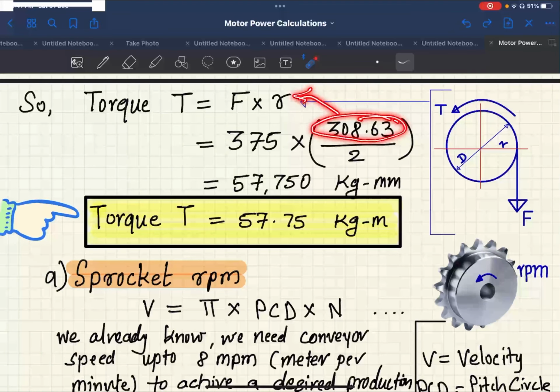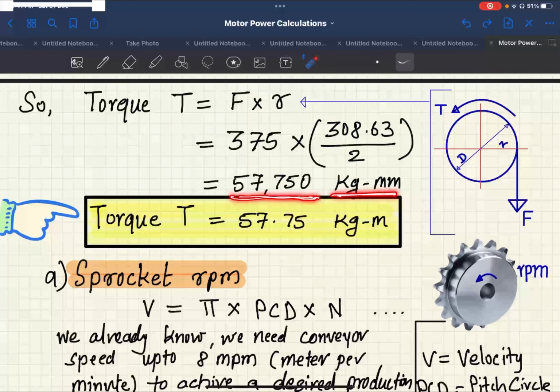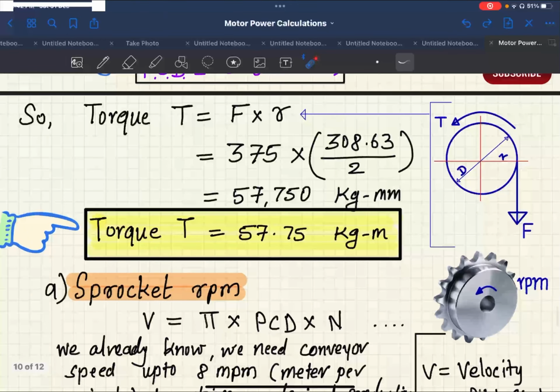This is the diameter of the sprocket, or PCD of the sprocket. Now we come to the answer, which is 57,750 kg mm. We require torque T in kg meter, so we divide this figure by 1000 and we get 57.75 kg meter torque required to drive or pull this load. This way we can calculate the torque of the motor.